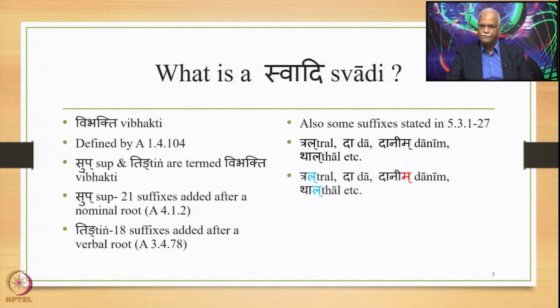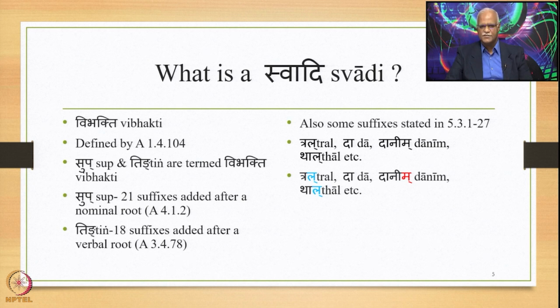What is a swadi? Swadi is popularly called and technically also called vibhakti, defined by 1.4.104 in the Ashtadhyayi. This 1.4.104 terms both sup as well as ting as vibhakti. Sup is a set of 21 suffixes added after a nominal root, also known as pratipadika.